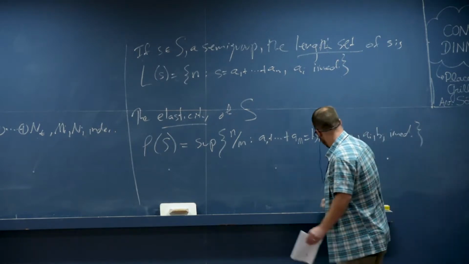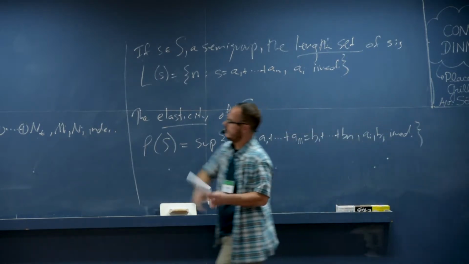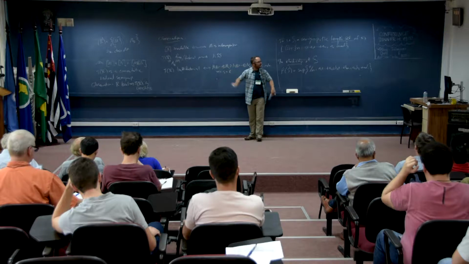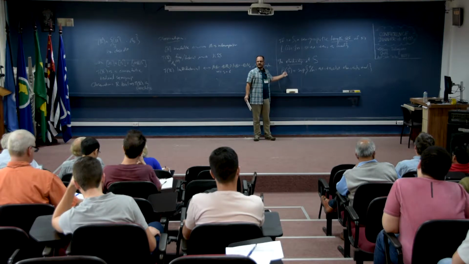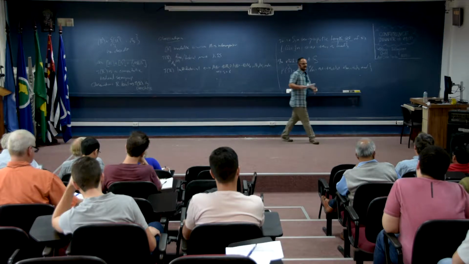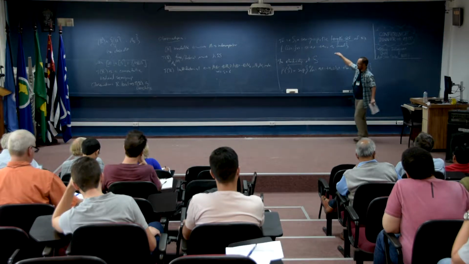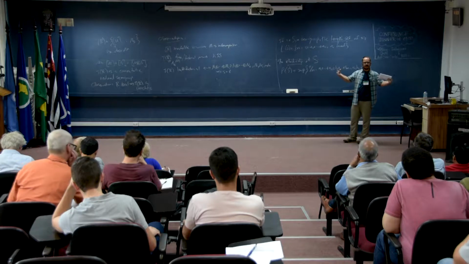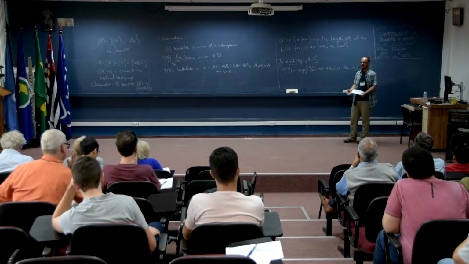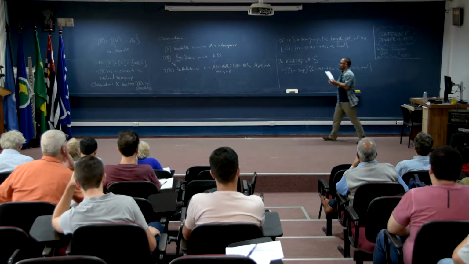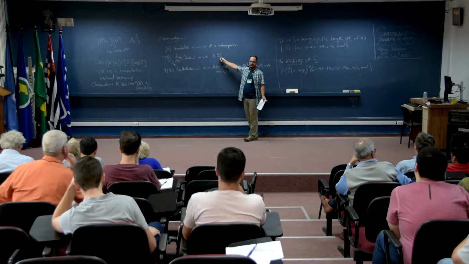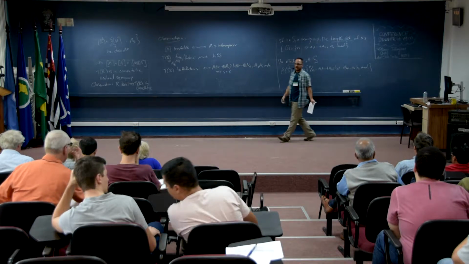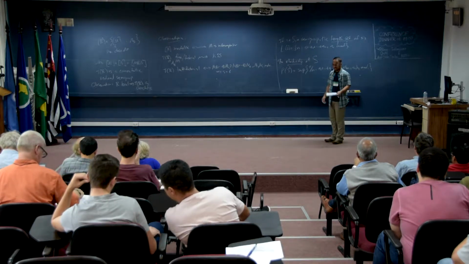Of course, if your semigroup is half factorial, then all of the length sets are singletons, and the elasticity of the semigroup is 1. As the elasticity gets larger, or as these length sets get bigger and more wildly behaved, that's a measure of how far away from unique factorization you are, and how far away from Krull-Remak-Schmidt you are.